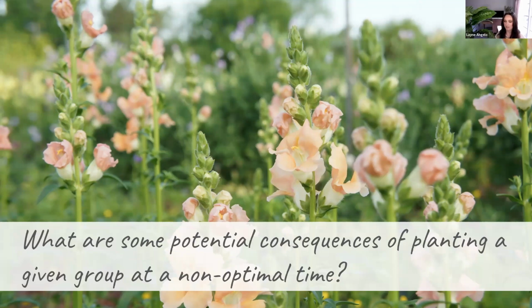And the other thing I was going to say about potential consequences: if we plant in very early spring or later, I can grow some pretty decent looking snaps, but I find that they fall victim to disease so much more likely because they just weren't as well established in cool conditions. So that's another consequence of planting out of their optimal time: they become more prone to disease issues.